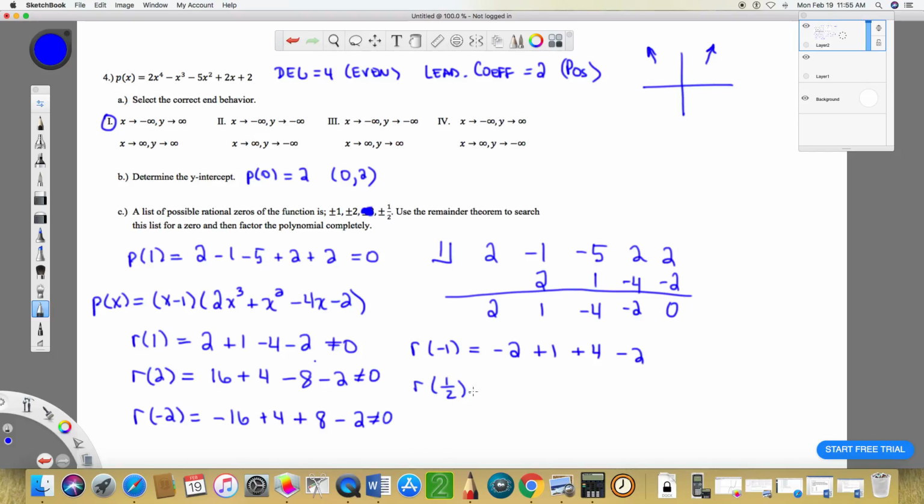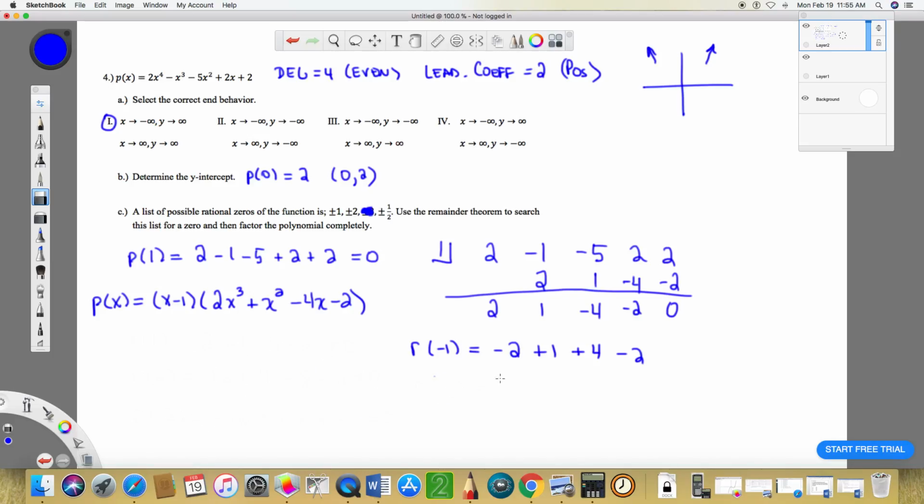You know, I avoid doing the fractions until later. Let's go ahead and do it with synthetic division, just so you can see the synthetic division with a fraction. So that might be kind of helpful. Yeah, and I think one of them is going to work now that I look at it.